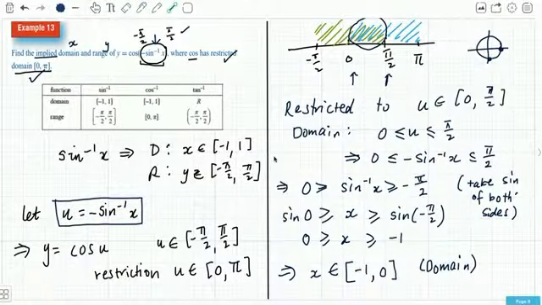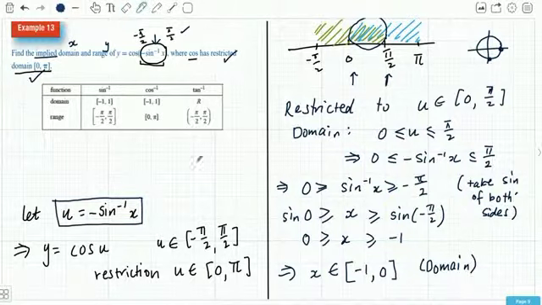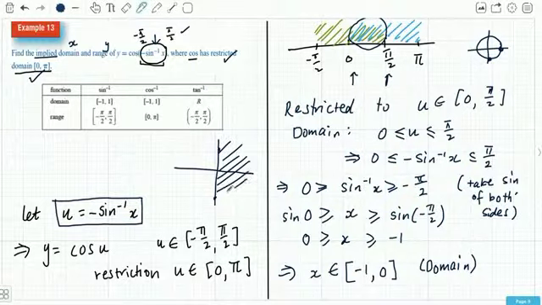For the range, to finish off, what we need to think about here is u. U is the angle in here, inside cos, so we're actually looking at y equals cos u. U can be between -pi on 2 and pi on 2, which is this region over here. Think about this as u and y rather than x and y, because we're interested in what cosine can be.